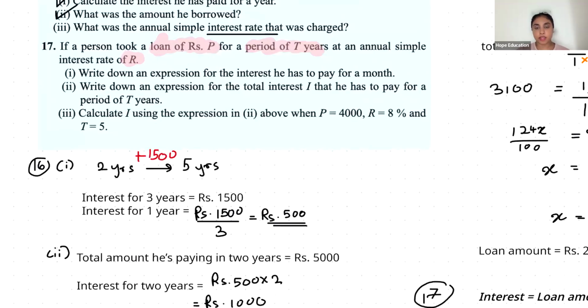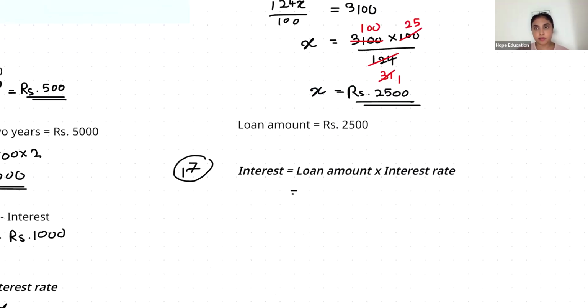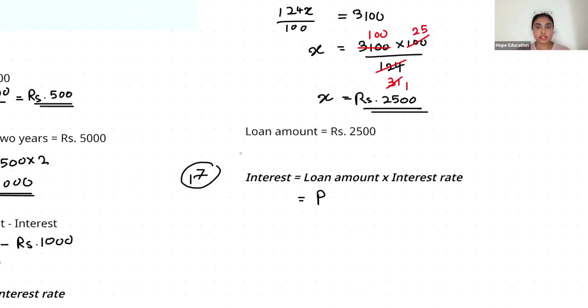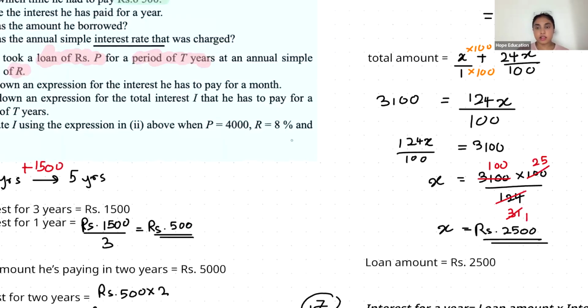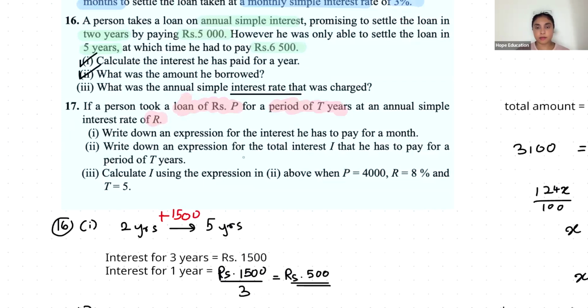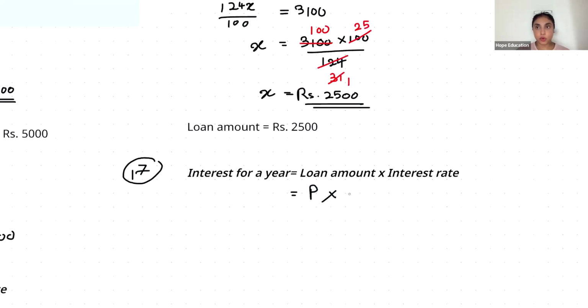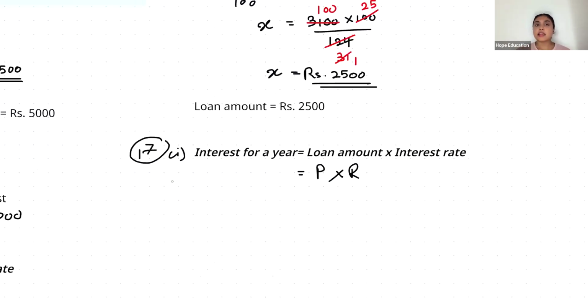So for the loan I put P. I will change this to interest for a year. Interest for 1 year, let's say. So interest for 1 year is loan amount multiplied by interest rate. Interest rate they have given just as R, right? So that means interest rate is R. Okay. This is interest for a year. Is that clear to you, Lamai?